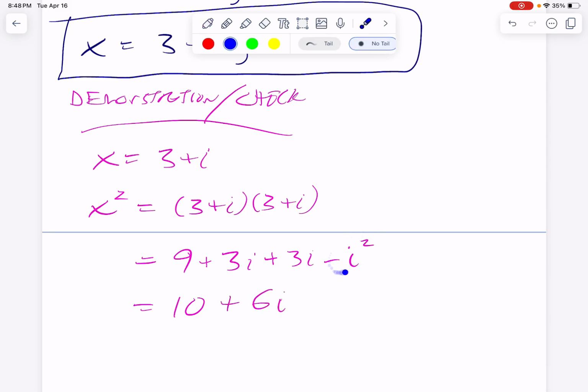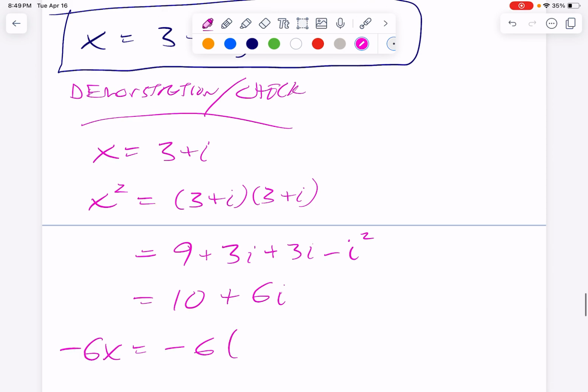This part here is positive 1. So x squared is the complex number 10 plus 6i. Minus 6x would be negative 6 times 3 plus i, which is negative 18 minus 6i.